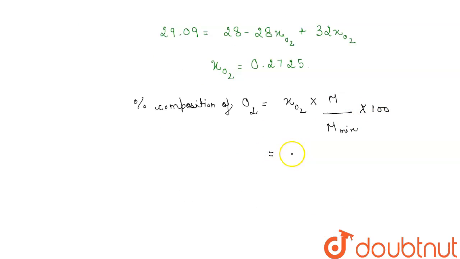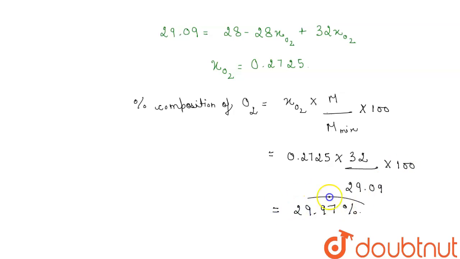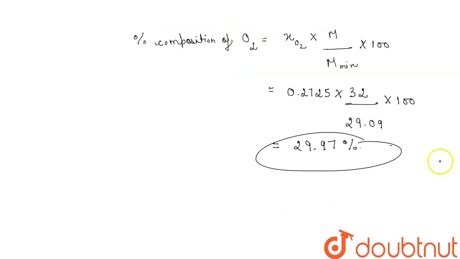The mole fraction of O2 is 0.2725 into its molecular mass, that is 32, divided by the mass of the mixture, that is 29.09, into 100, and after solving this we get 29.97%.